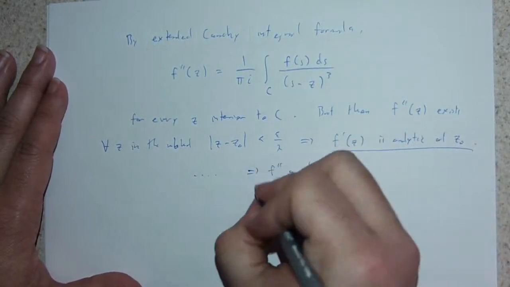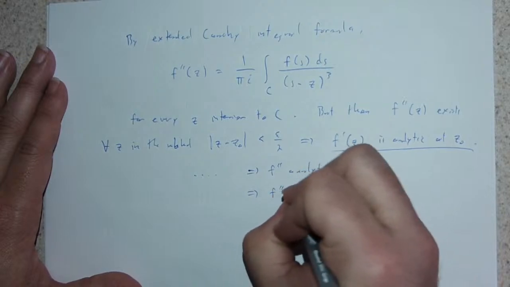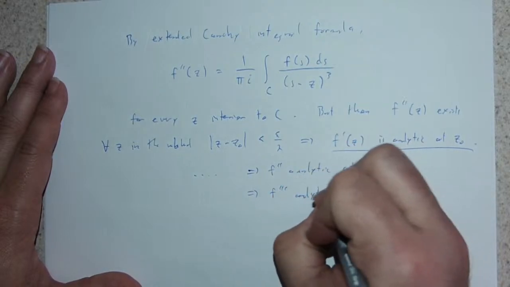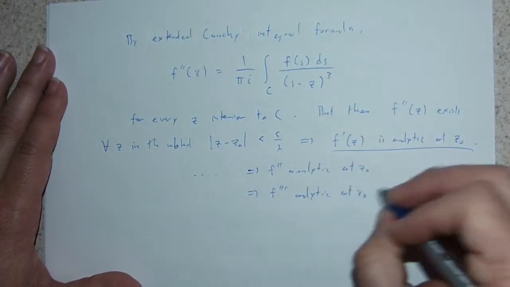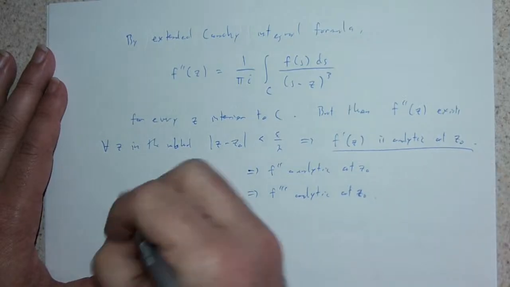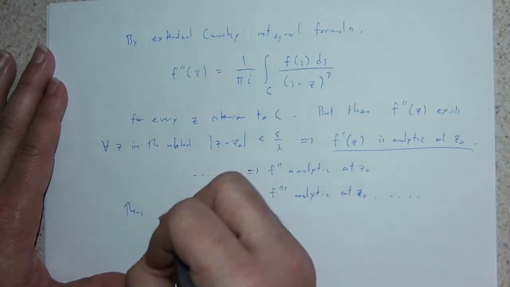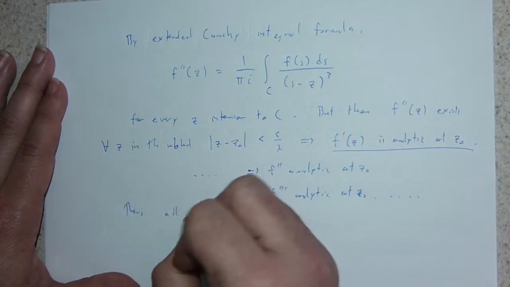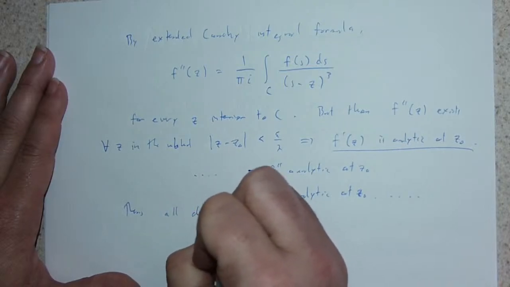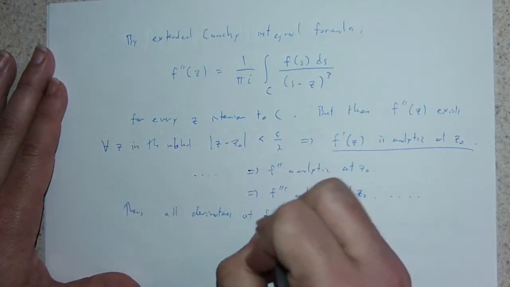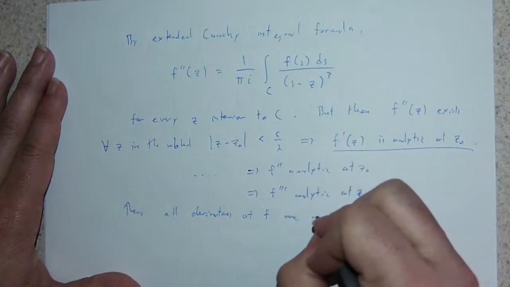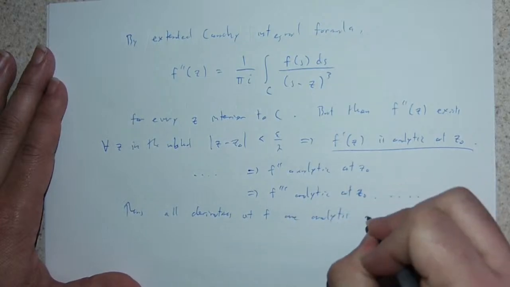And then substituting that, we get that f triple prime is analytic at z naught. Thus, continuing on, all derivatives of f are analytic at z naught.